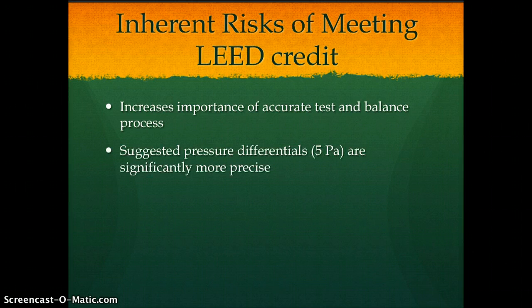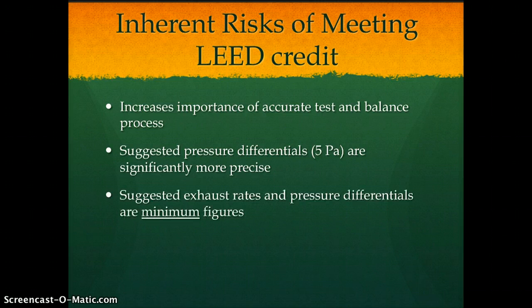The suggested pressure differentials, 5 pascals, are significantly more precise than the average test and balance firm can measure, likely leading to errors. Since the suggested exhaust rates and pressure differentials are minimum figures, there might be a tendency for some practitioners to vastly exceed these amounts under the concept that more is better, which could result in an increased potential for uncontrolled airflows and moisture problems.